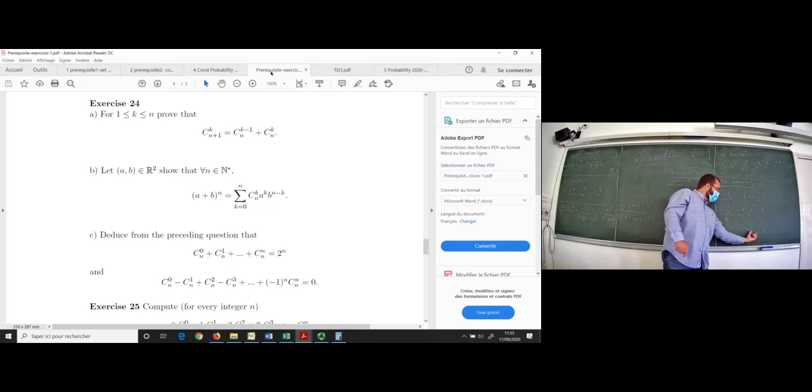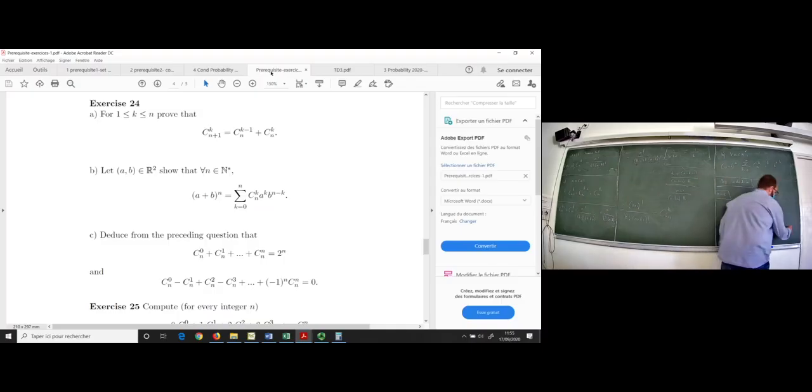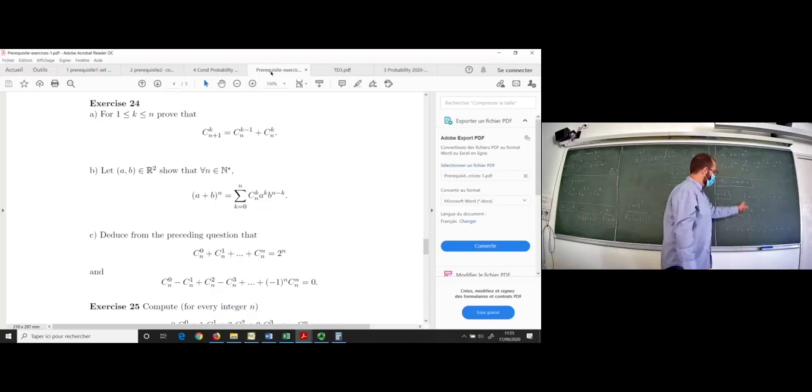So these two values are 1 and 1. So I have 1 times a to the power 0, that is equal to 1, times b to the power 1, so I have b, plus 1 times a to the power 1, a, times b to the power 0, 1: b plus a. And you see that you have the equality between these two expressions.